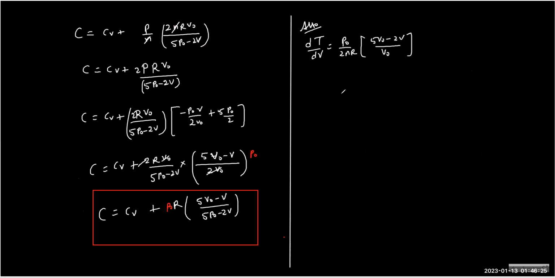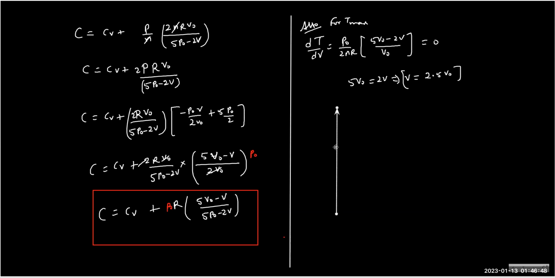This is an inverted parabola, so we can find the T max. For maximum temperature in the process, you set this to 0, which will give you 5V naught equals 2V, which means V is 2.5 V naught. At 2.5 V naught, the temperature is going to be maximum.